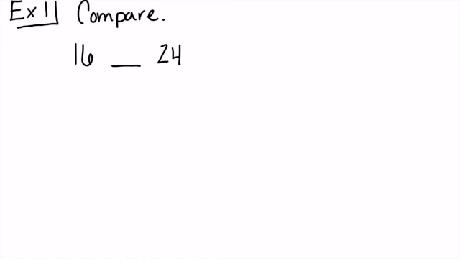Now, the first way I want to teach you is, well, actually, let's make one of these negative. Negative 16 and 24. All right, so you can think of these as money, okay? Here's one way you can compare integers.